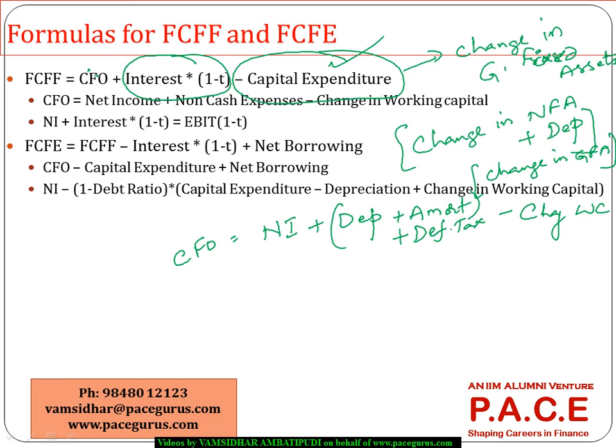So to cash flow from operations, I add interest into 1 minus T and subtract the capital expenditure to arrive at FCFF. And as I have already said, FCFF is the cash that is available to be paid to both the debt as well as equity investors. So out of this, I subtract what needs to be paid to the debt investors. I into 1 minus T has to be paid to the debt investors, and at the same time even the principal repayment.